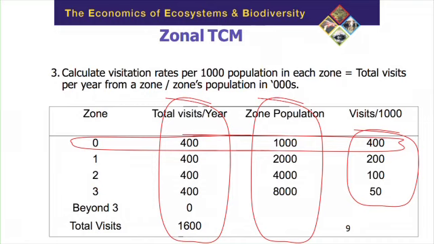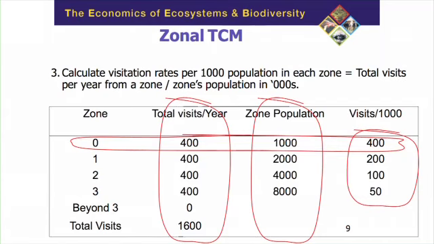And the number of people in each zone differs, partly because if you've got a 10-mile radius for each zone, the area gets bigger. So again, I'm simply assuming that 1,000 people live in zone 0, 2,000 people live in zone 1 and so forth, 8,000 in zone 3. And you can get this data, say, from census data. And then what we want to try and do is work out visits per thousand.